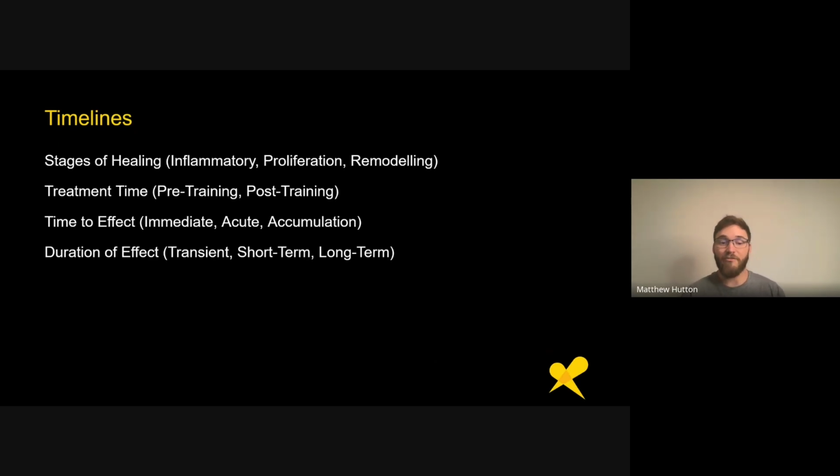Time to take effect. Whether that is something where you do the treatment and it happens immediately, or it's acute, so it takes a little bit of time but happens for a short window. Or this is something more like an accumulation, where laser doesn't work if you do it once.